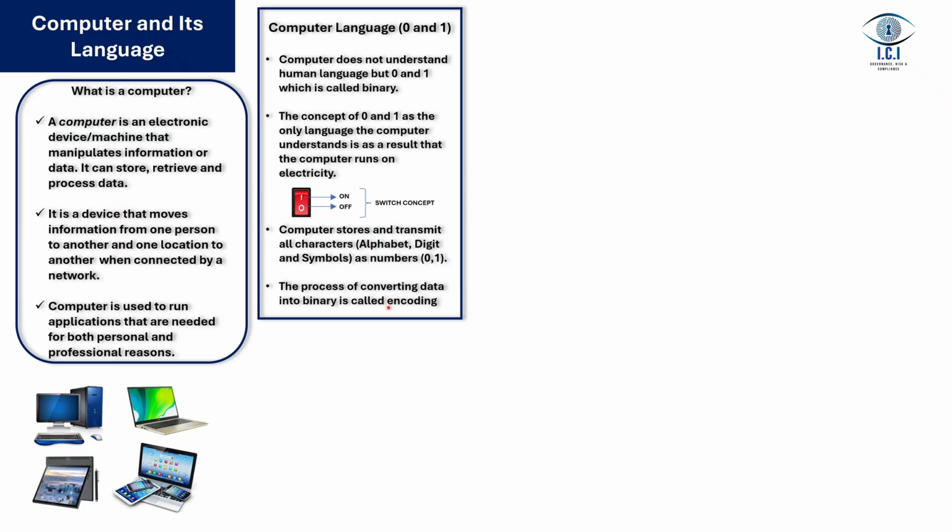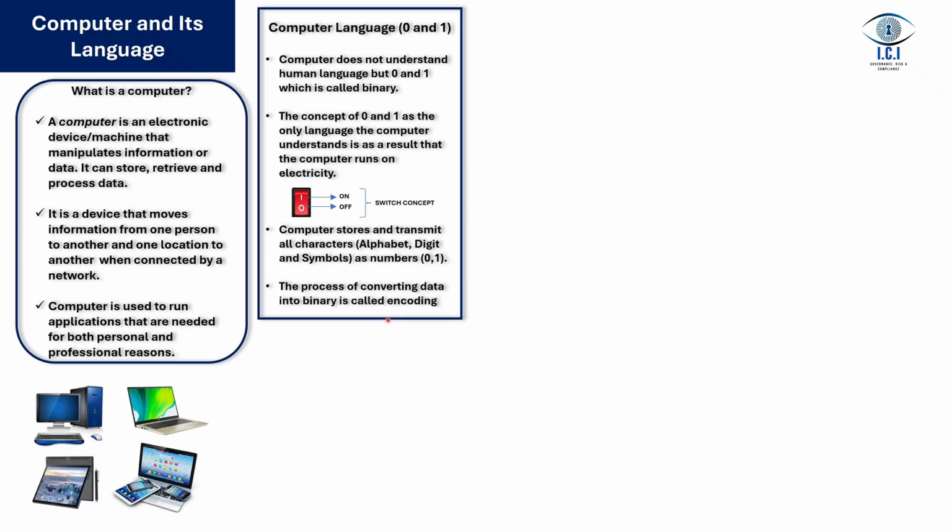Now, the process of converting that data into binary, I said binary is 0 and 1, any number that is less than 2 but not less than 0. So from 0 and 1, that is binary. The process of converting data into binary, 0 and 1, is called encoding. Very simple.